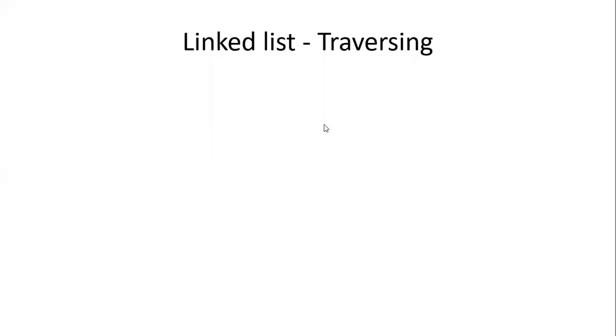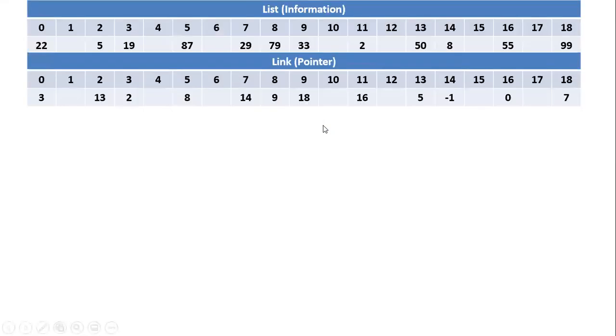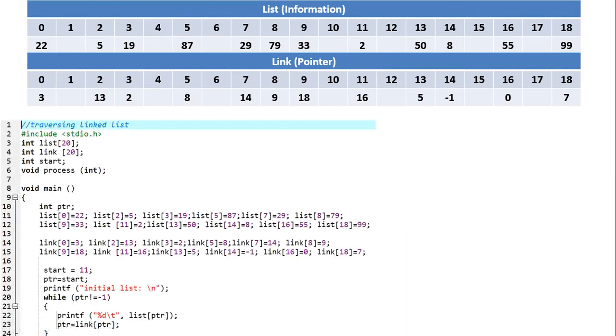Now the same linked list that I gave earlier is reproduced here. We have the list and also the link details. List is an array and link is also an array. So how do we represent it?